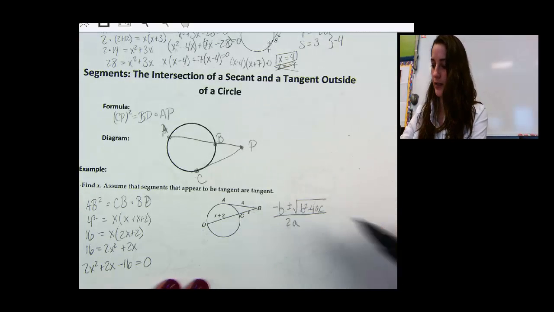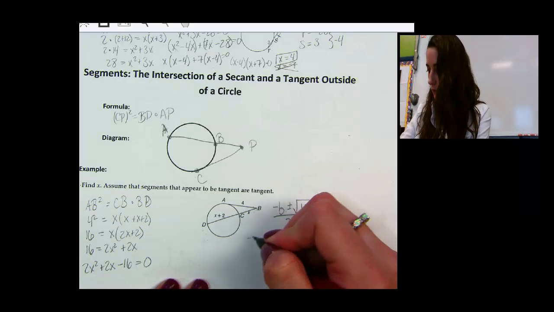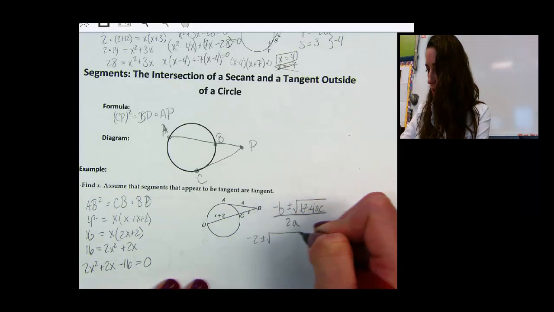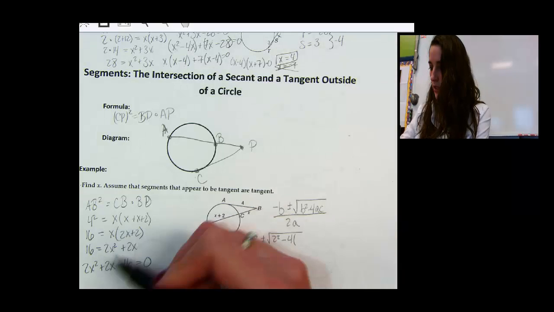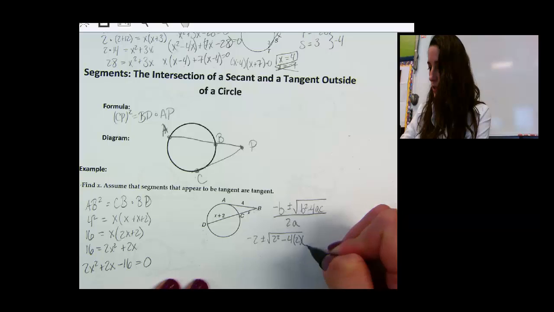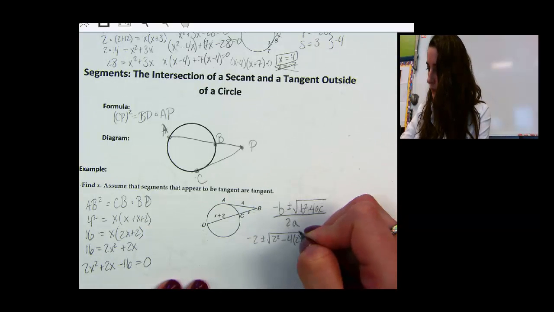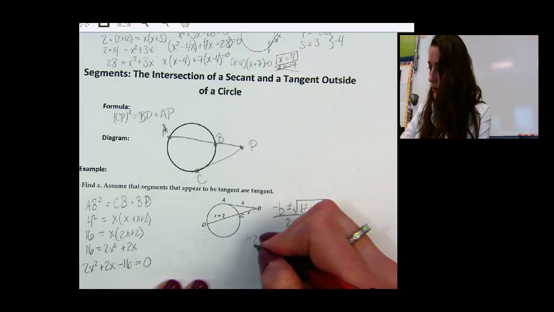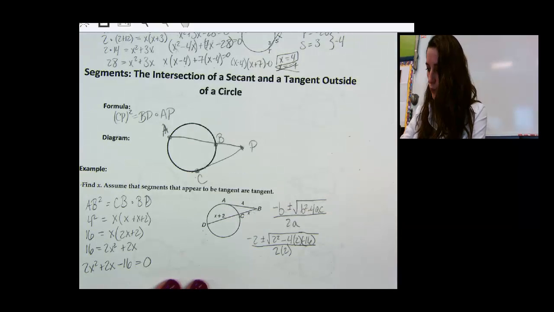So we go ahead and substitute in our values. Negative b would be negative 2 plus or minus the square root of 2 squared minus 4 times a, which is 2, times c, negative 16, all over 2 times 2.